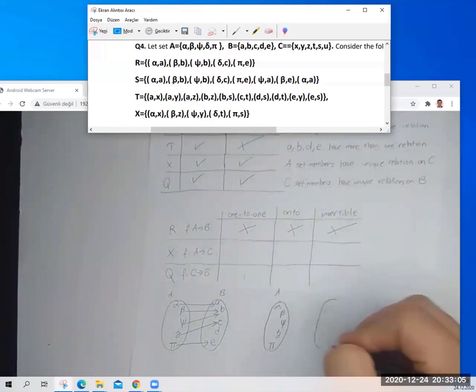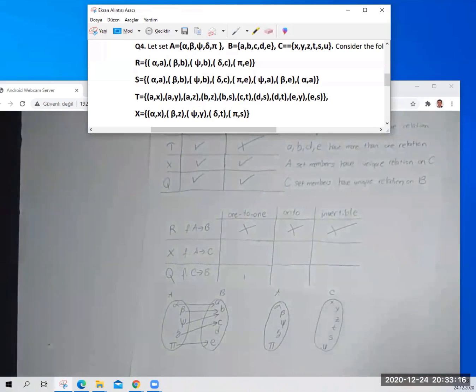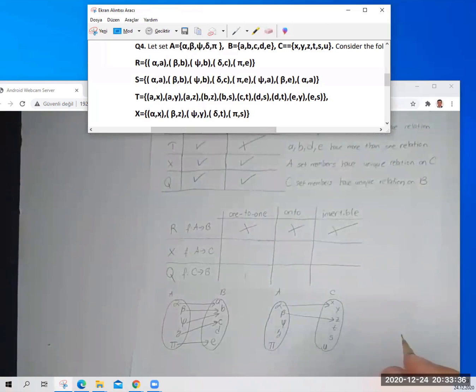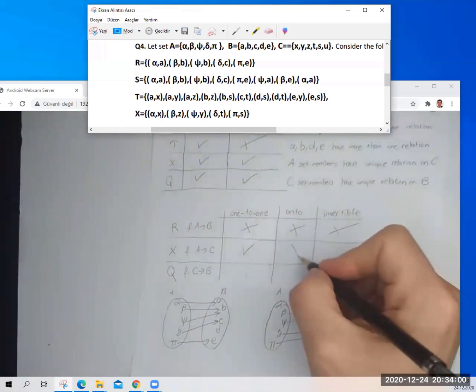I have C set like that: X, Y, Z, T, S, U. Alpha to X, beta to Z, psi to Y, delta to T, pi to S. So is it one-to-one? Yes, but not onto, so not invertible.